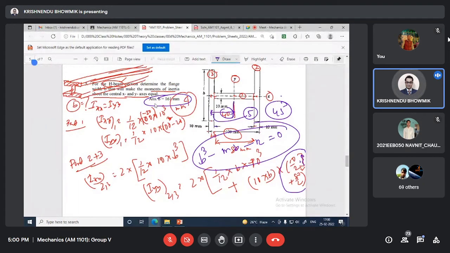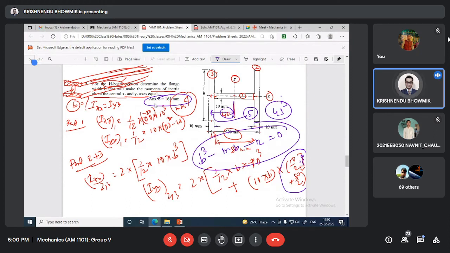You have to be careful. The parallel axis theorem is applicable only when the axes are parallel to the centroidal axis. Number 2, between these two axes, one must pass through the centroid. Else, these equations will not be valid, because in the formulation of the parallel axis theorem, we got one integration, YdA, and we put that as 0.